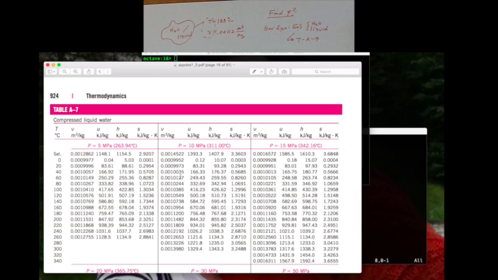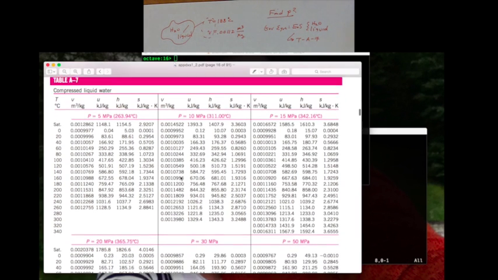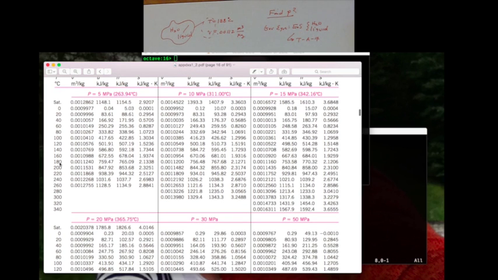And we take a look at the values that are available to us. We see that between 180 and 200, the isotherm of 188 would lie in this seam.